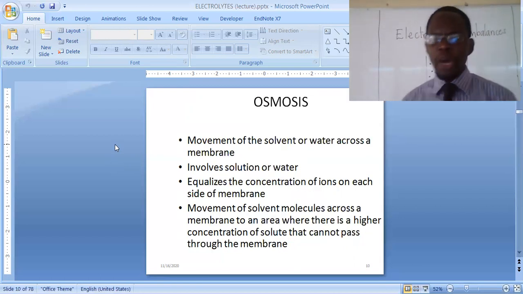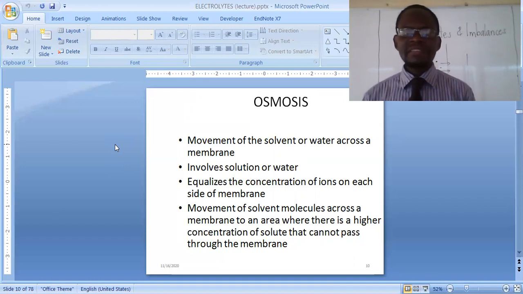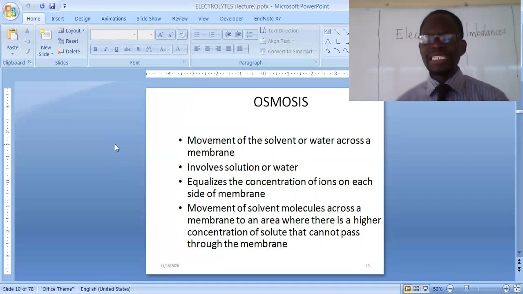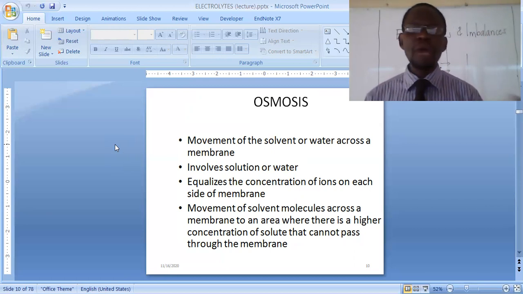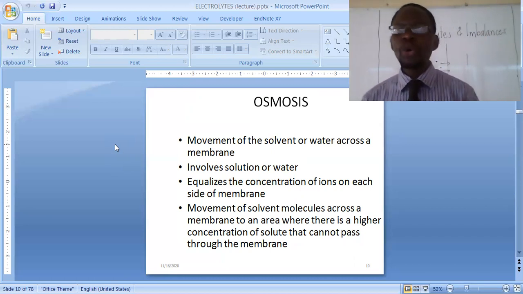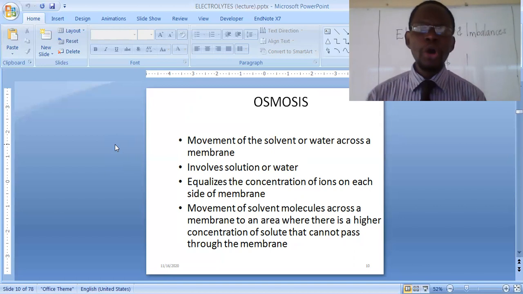Now, osmosis. This is basically movement of water. Remember we said with diffusion, it is any particle, mostly gas. But with osmosis, we are talking about water, across what we call a semi-permeable membrane.